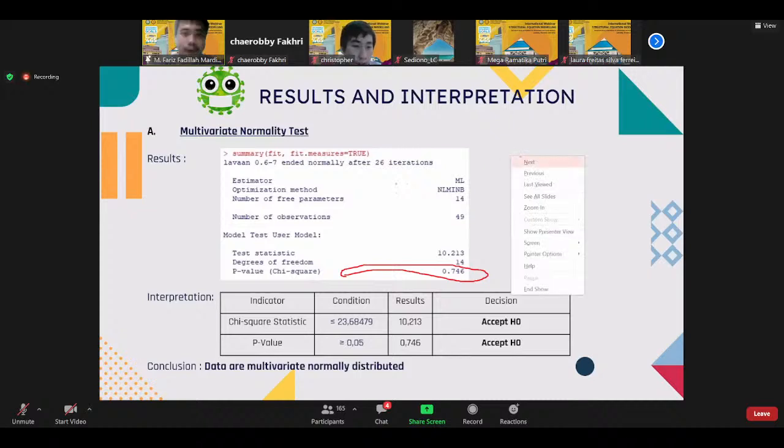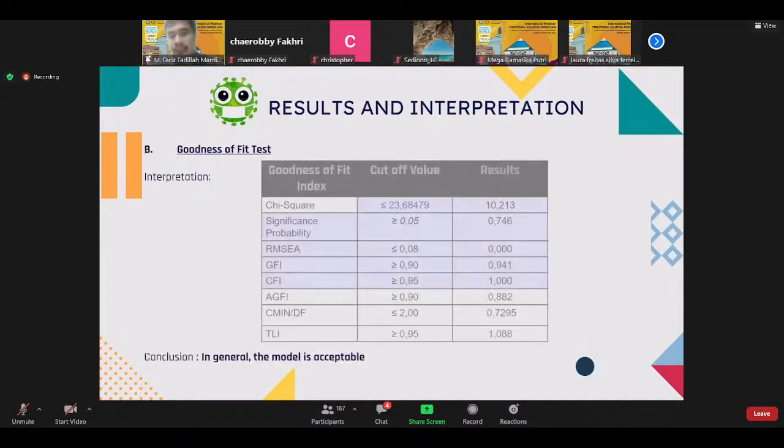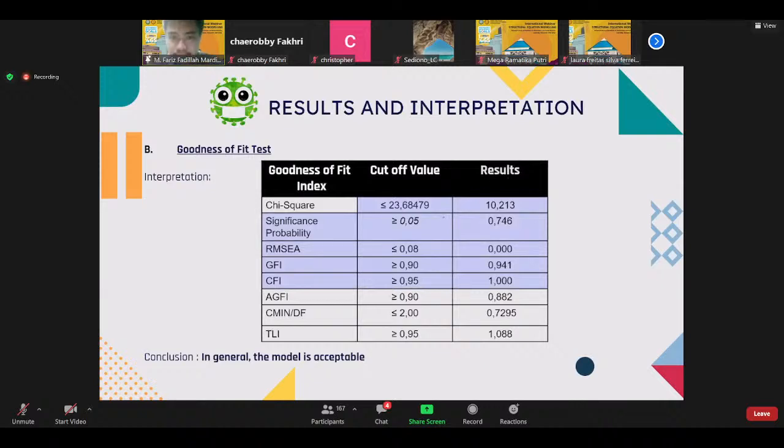And then this is the goodness of fit. You can make a table to make your justification easier. In this case, most of the goodness of fit indices satisfy the cutoff value. For example, for chi-square, the cutoff value is 3.68479, but the result is 10.213. Is it less than the cutoff value?